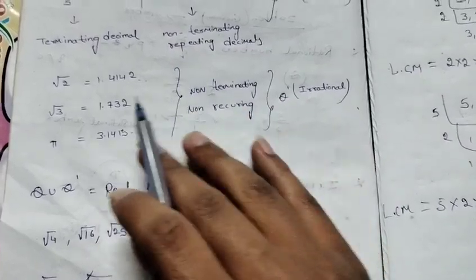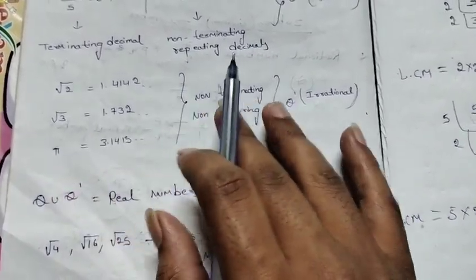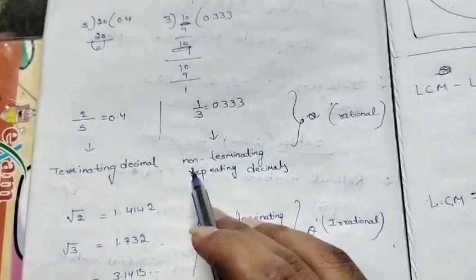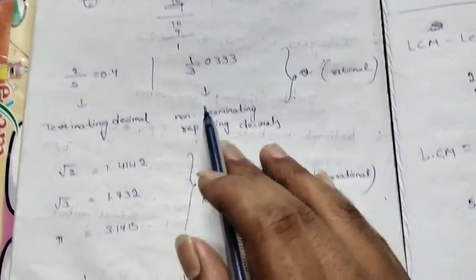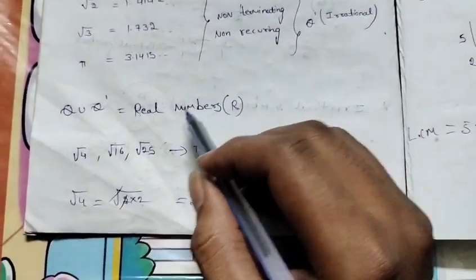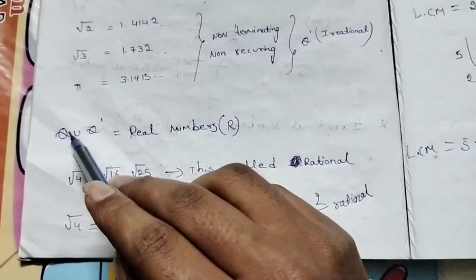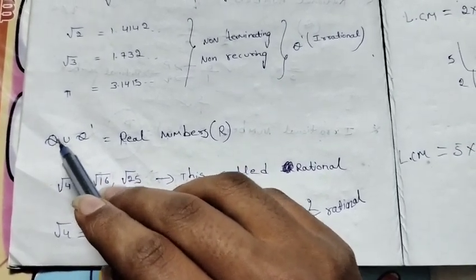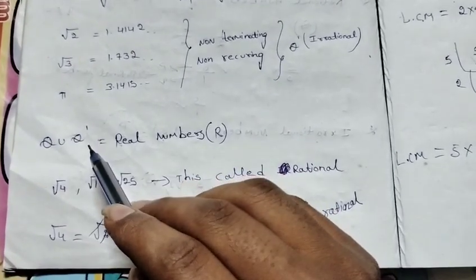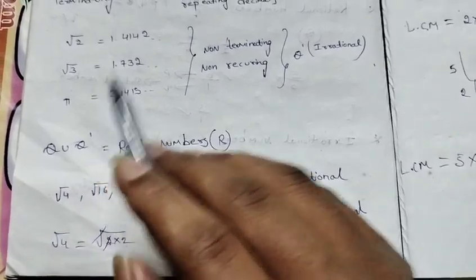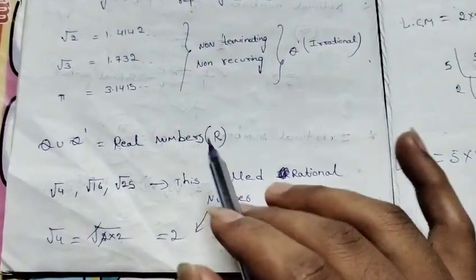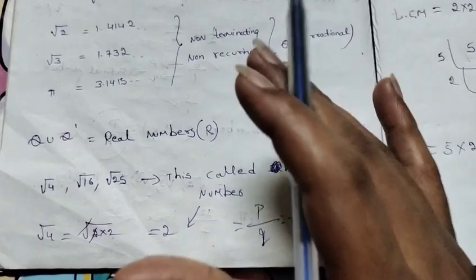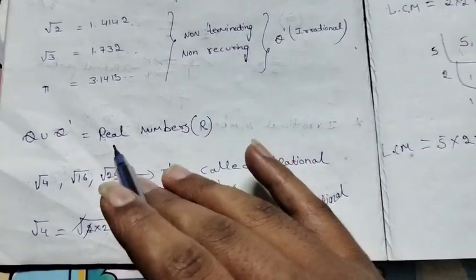And we can see that the rational numbers, which include integers and non-integers, in union with the irrational numbers, all combined are called real numbers. We can see a chart so we can easily understand real numbers.